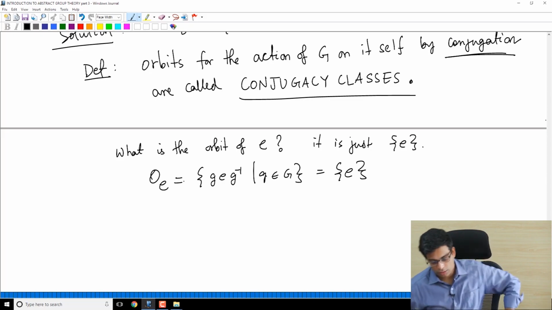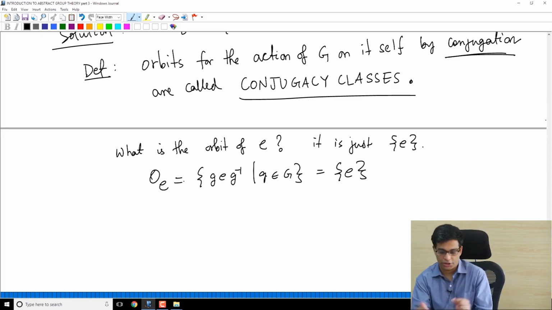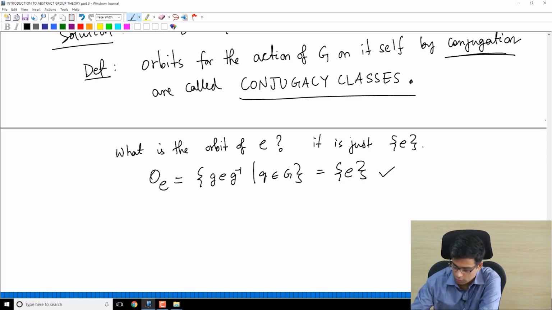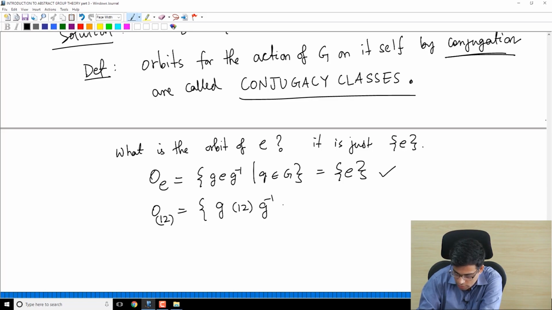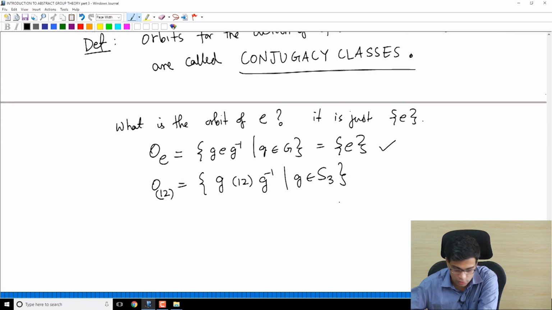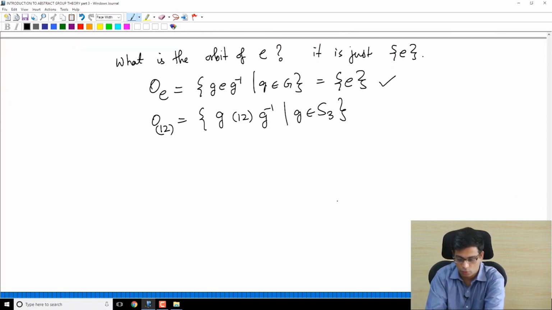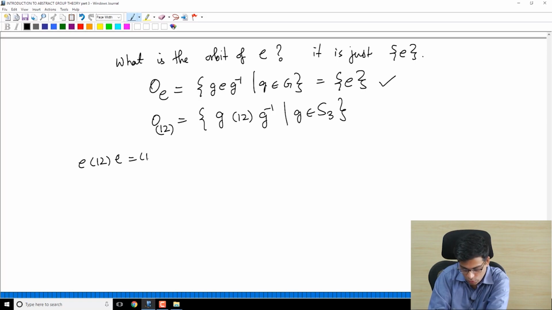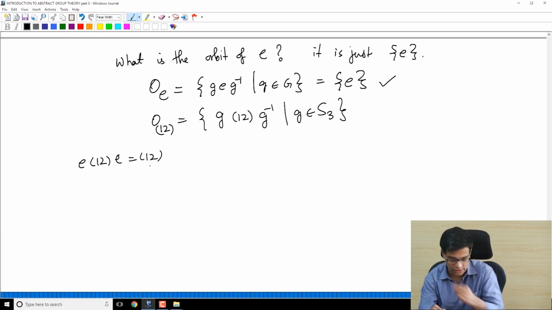Now find the orbit of, let's say, (1 2). So we want to do g (1 2) g inverse as g varies in S3. Let's do one by one. So e (1 2) e is (1 2). That's always there, so (1 2) is always in the orbit.